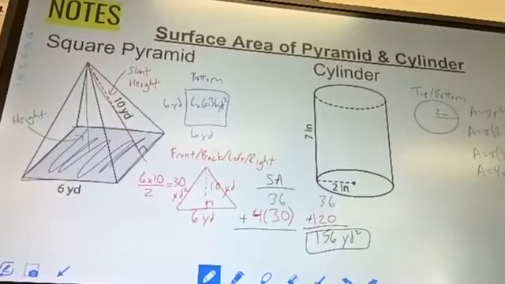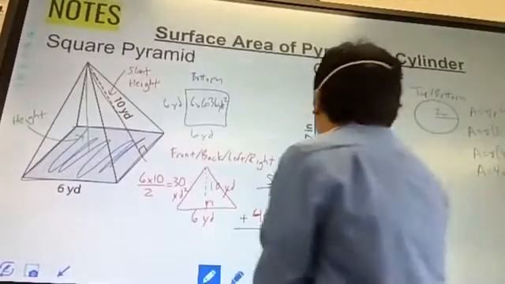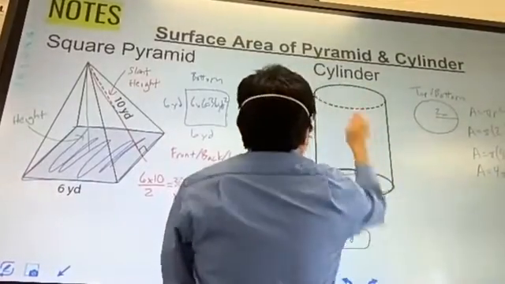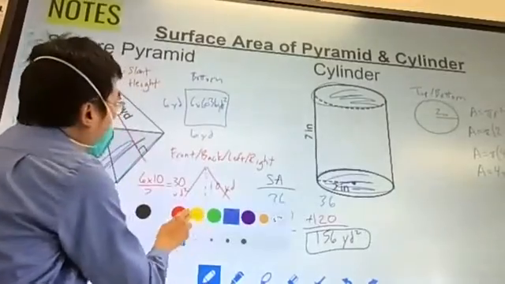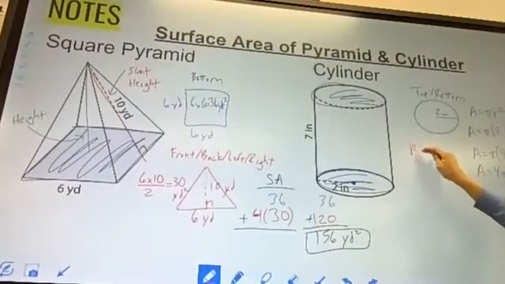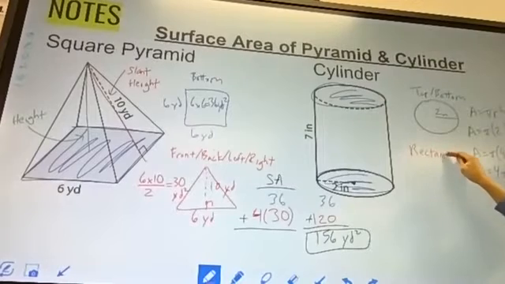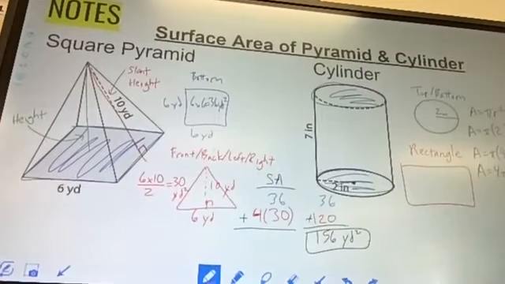Now, when we opened up that cylinder, it became a big rectangle. So this is the area of the 2 circles. Now we're going to find the area of the rectangle. Okay.